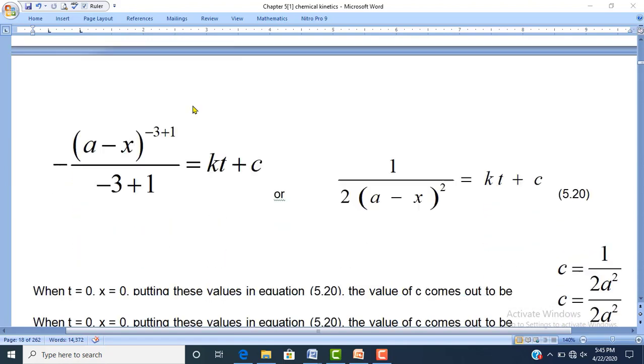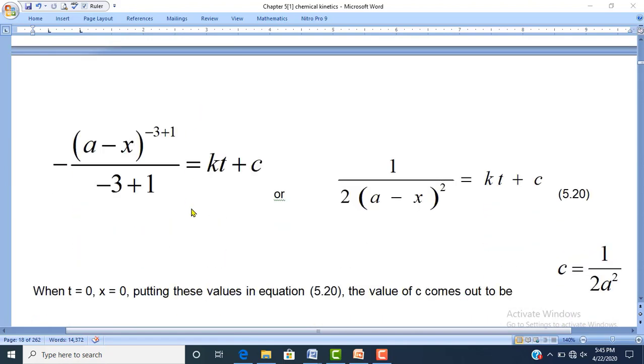When we apply the power rule to this equation, it becomes minus (a minus x) raised to the power minus 3 plus 1, divided by minus 3 plus 1, is equal to kt plus c. By further simplifying, we get 1 over 2 into (a minus x) squared is equal to kt plus c.